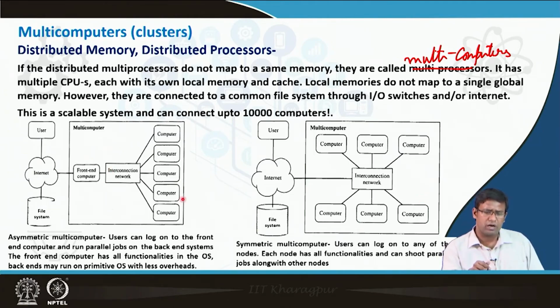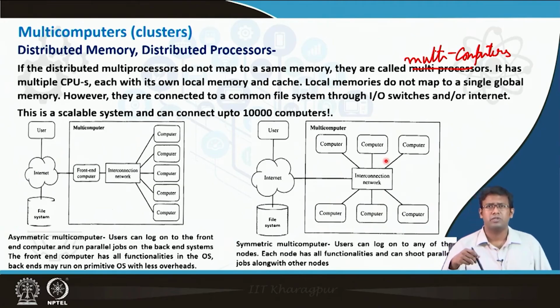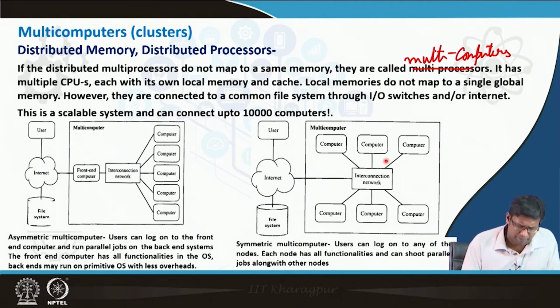Typically you see this in a very well developed cluster with a head node and slave or compute nodes. It is like having your own lab computers connected through an interconnection network, which is basically an internet switch, and then using another computer to talk to the internet. You can log on to any of these computers and launch a job. So both these arrangements are quite well used.